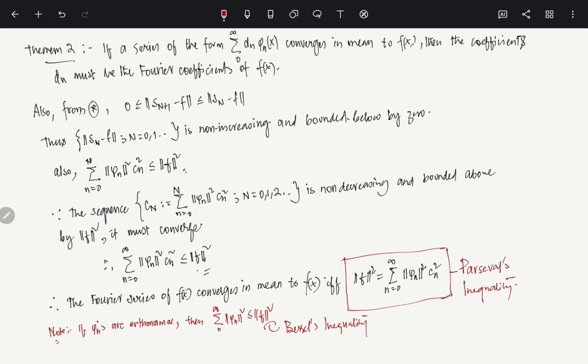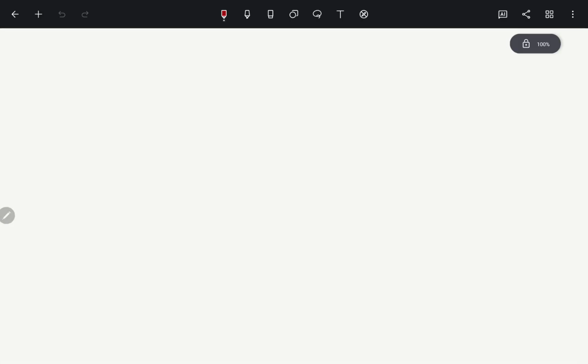Okay, so let us put everything in summary, and I will put it in red, so that it becomes much clearer what we did up till now. Let me put it as a theorem. This is about Fourier series. We start with phi n of x, for n equals 0, 1, and so on, be an orthonormal set.